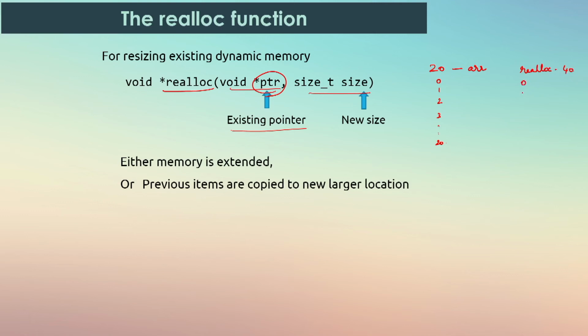It extends up to 40, but the 20 elements are copied to the first 20 locations by default, and the new 20 locations are available for new elements. This is one interesting feature of the realloc function.